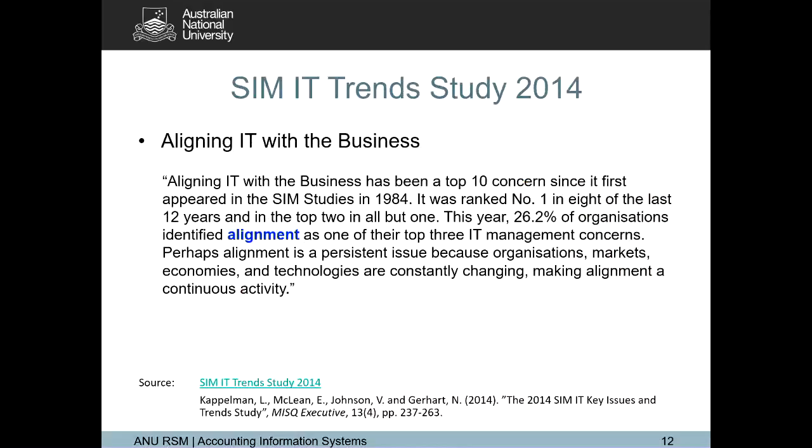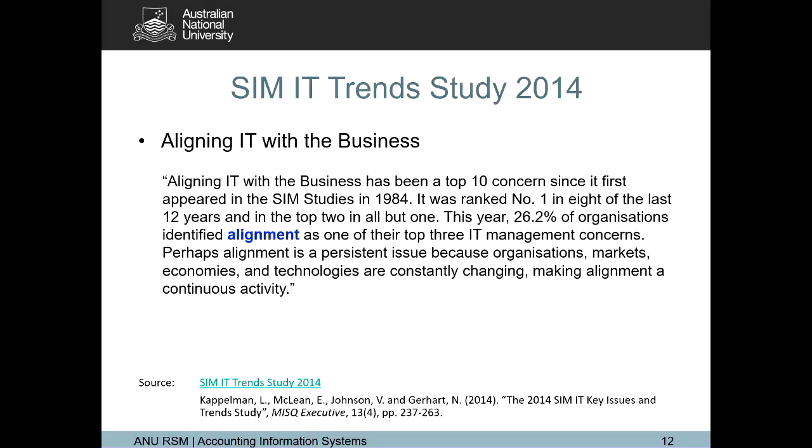So this is about the trend study done by this company, and it has been done every year consistently, and they found consistently as well that alignment of IT with the business has been in the top 5.